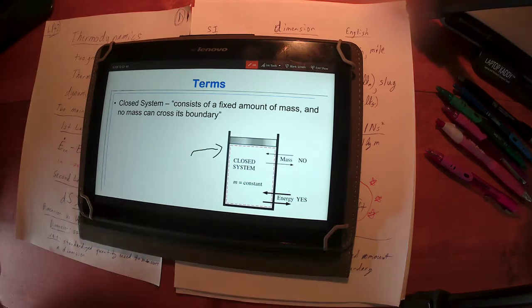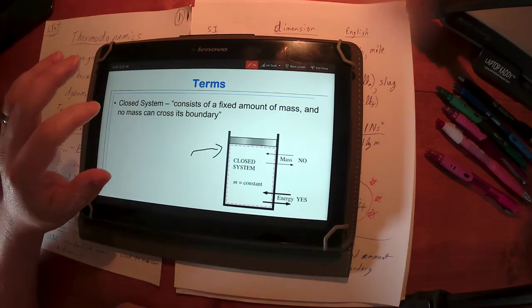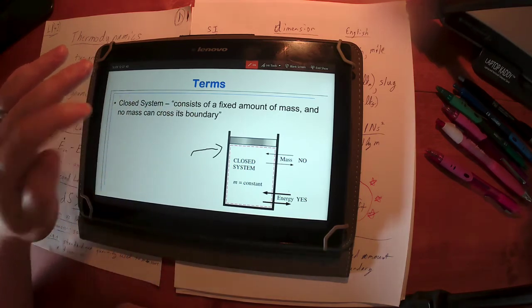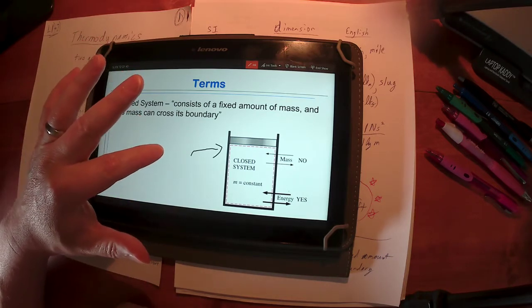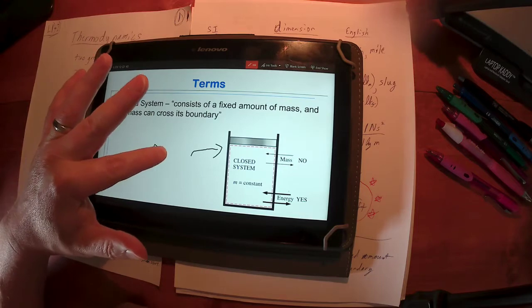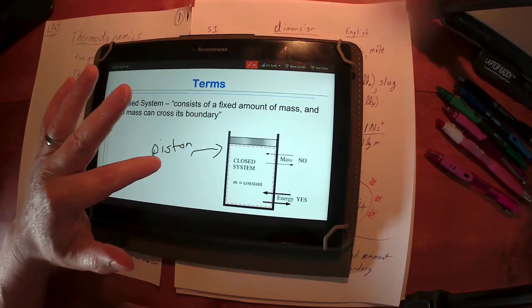Okay, so we're talking about closed systems, and we said closed systems have a fixed amount of mass, no mass crosses the boundary. This is a common type of closed system we will encounter in this text and many other texts. This is what we call a piston cylinder.